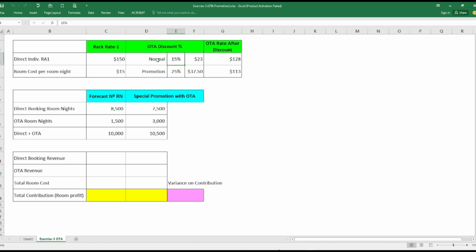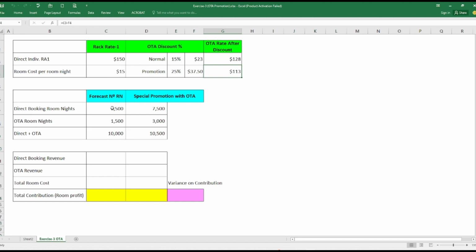Normally we give a 15% discount, which is 23 US dollars, so the rate compared to the public rate is 128 US dollars. For the promotion, we need to give a 25% discount, which is 37.5 US dollars, and the rate becomes 113.